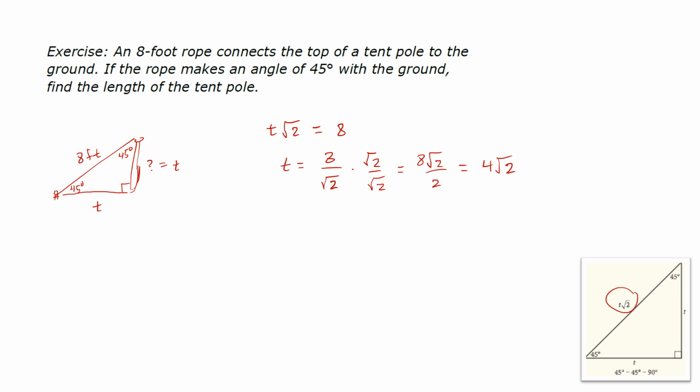We are asked to find the length of the tent pole, so the length of the tent pole equals 4 square root 2 feet.